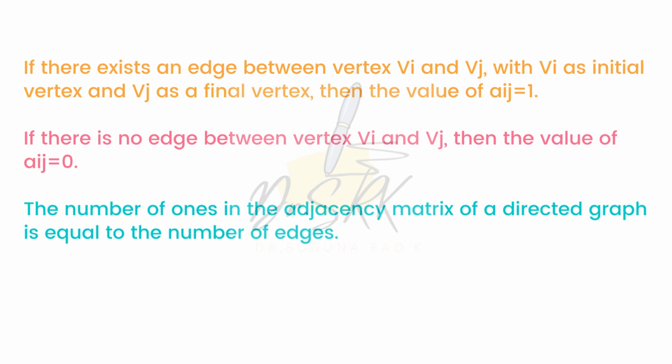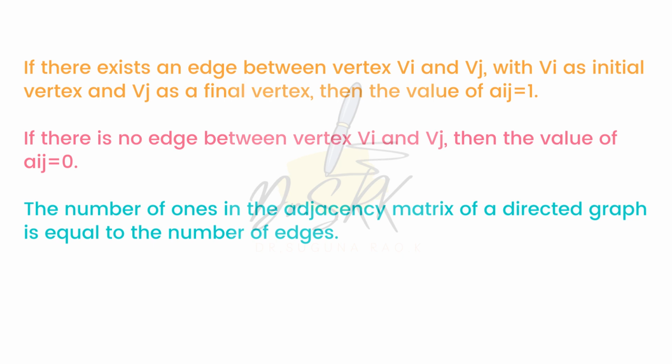If there exists an edge between the vertex Vi and Vj, with Vi as initial vertex and Vj as final vertex, then the value of Aij is equal to 1. If there is no edge between Vi and Vj, then the value of Aij is equal to 0. Here, the number of ones in the adjacency matrix of a directed graph is equal to the number of edges.